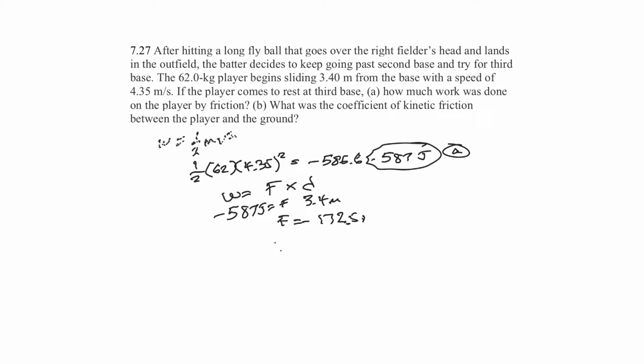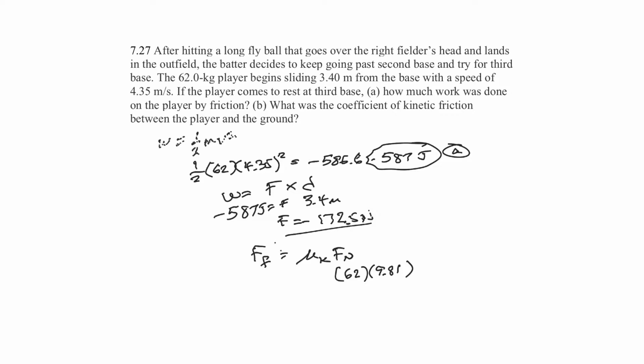Well, we know that the friction force is going to be the kinetic friction mu, which we're trying to find, times the normal force. The normal force is his weight, so this is going to be 62 times 9.81. And my friction force is going to be the positive of this, because it is the force, but it's in the other direction.